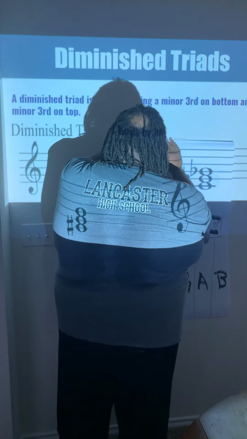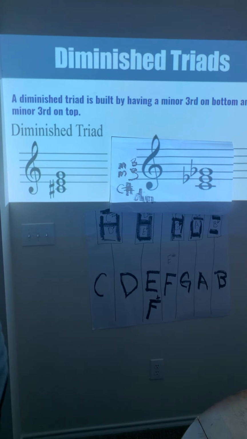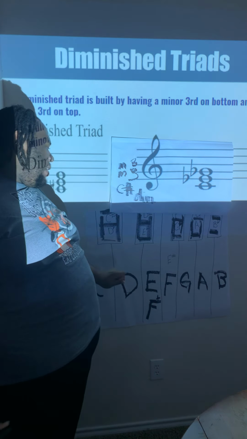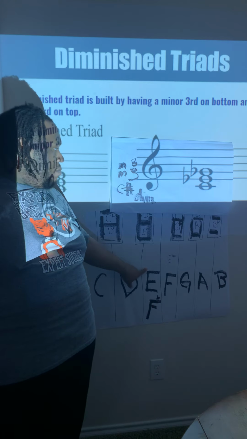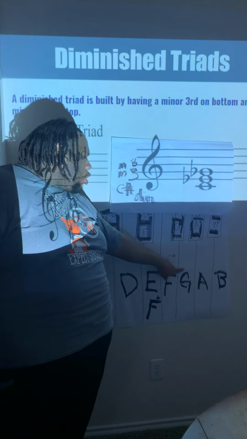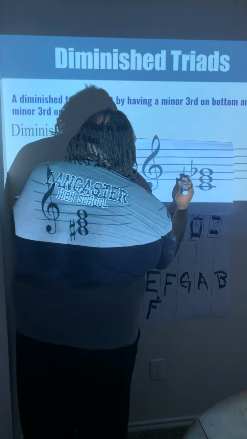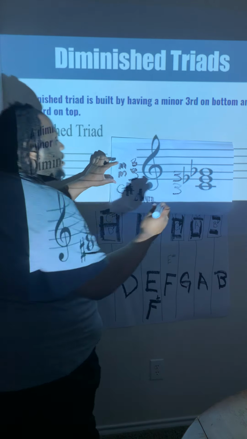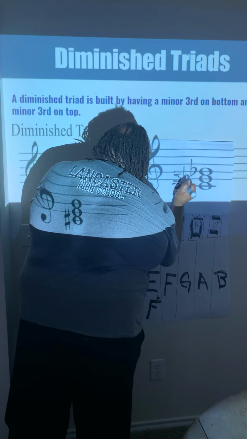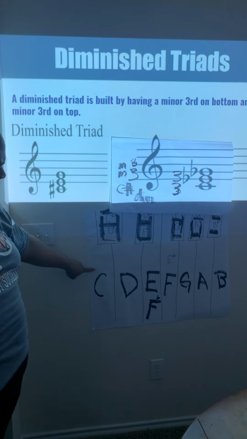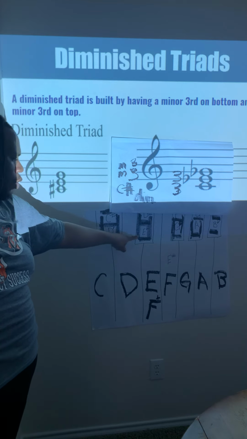This next example over here. We have C to E flat to G flat, C to E, 1, 2, 3. Okay, I'm going to put a 3 here in a second. Now E to G, 1, 2, 3. I have two 3s, I'm going to put them right here. 3, 3. C to E flat. Here we go. 1, 2, 3.